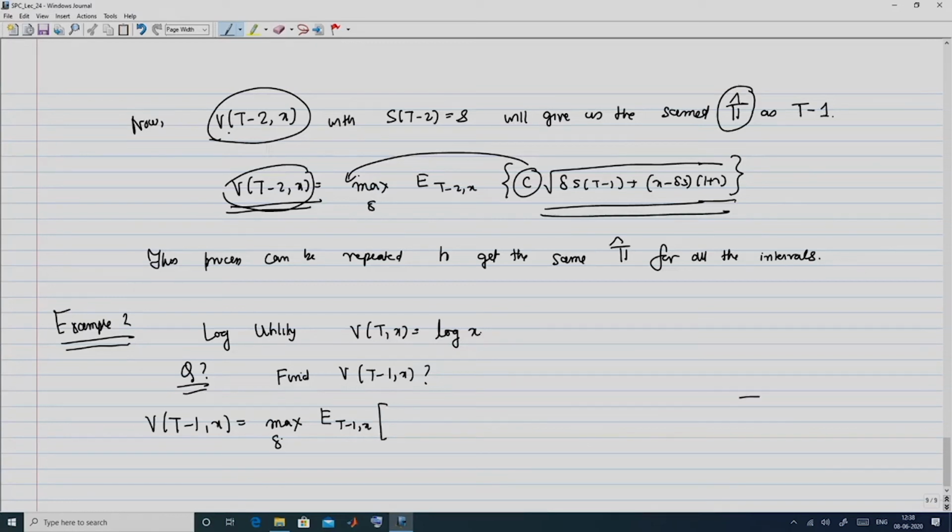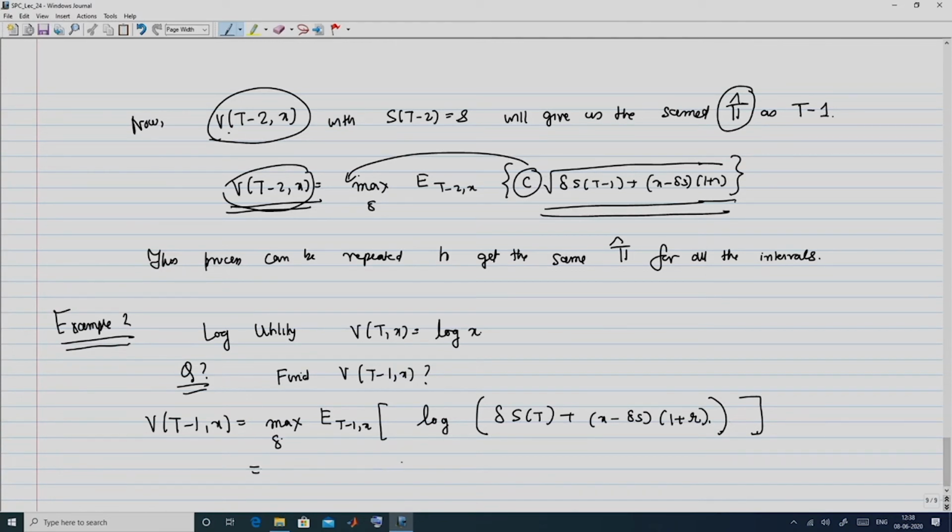Now, in this case the random variable is going to be the final wealth level at time t. This is going to be delta s t plus x minus delta s into 1 plus r. Earlier we had taken the square root of this because it was the square root utility, and now since it is a log utility we will take the log of this random variable.